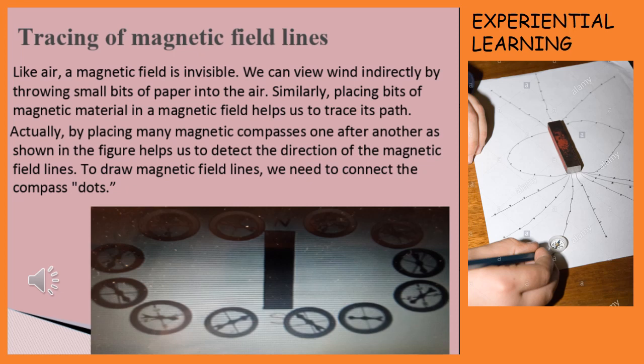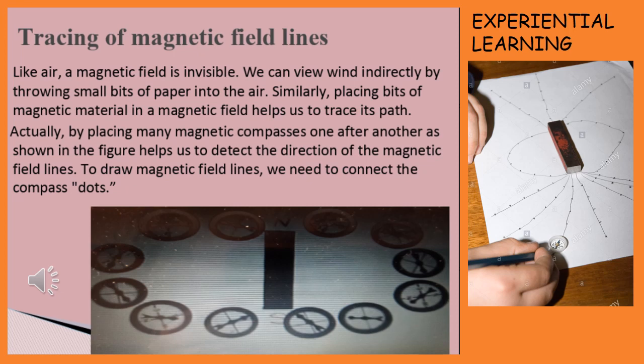Now we are placing the magnetic needle in such a way that the south pole of the needle is placed on the previously made dot. Again, the north pole will show us one direction. One more dot is put at the north pole and this activity is repeated.